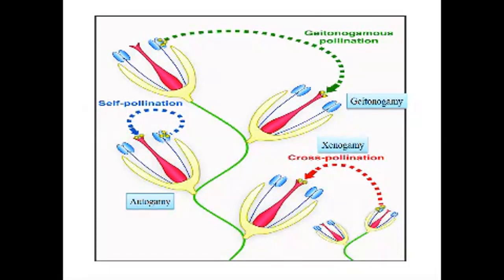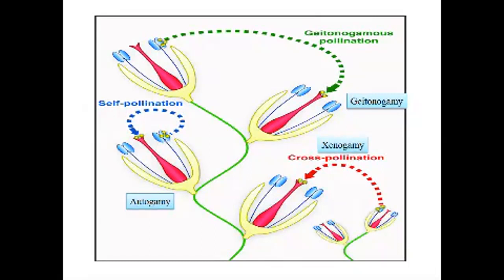In this condition, flowers may be unisexual or bisexual, but in bisexual flowers, maturation of pollen grains takes place at different periods.